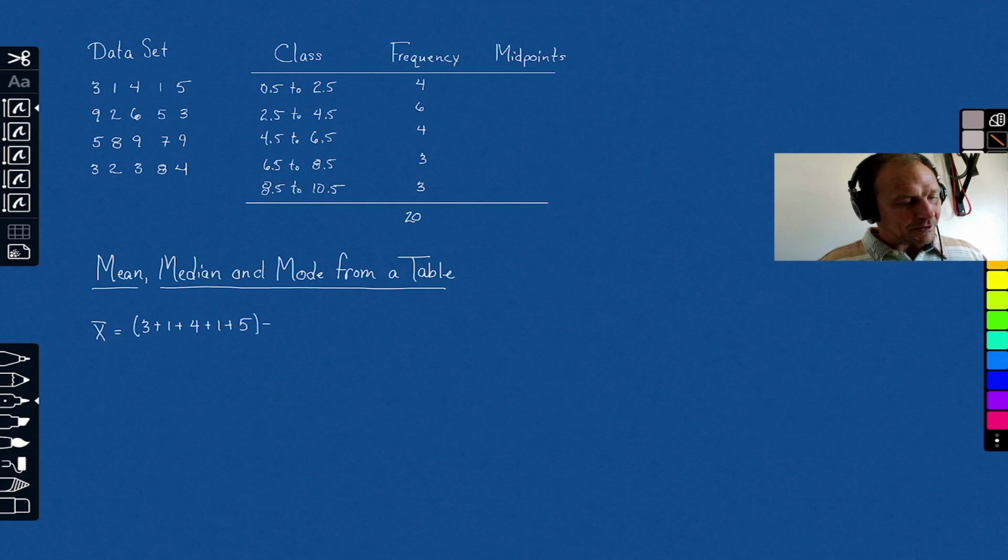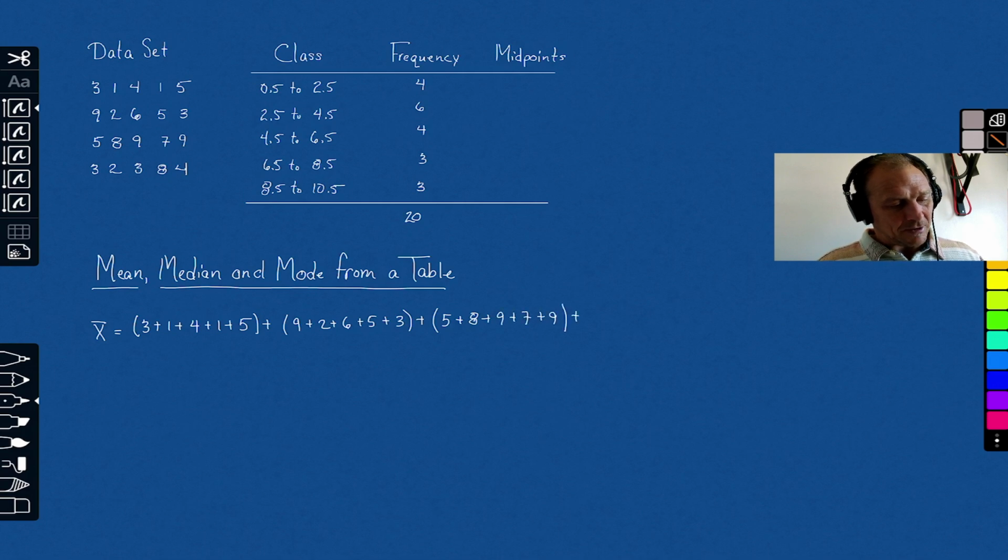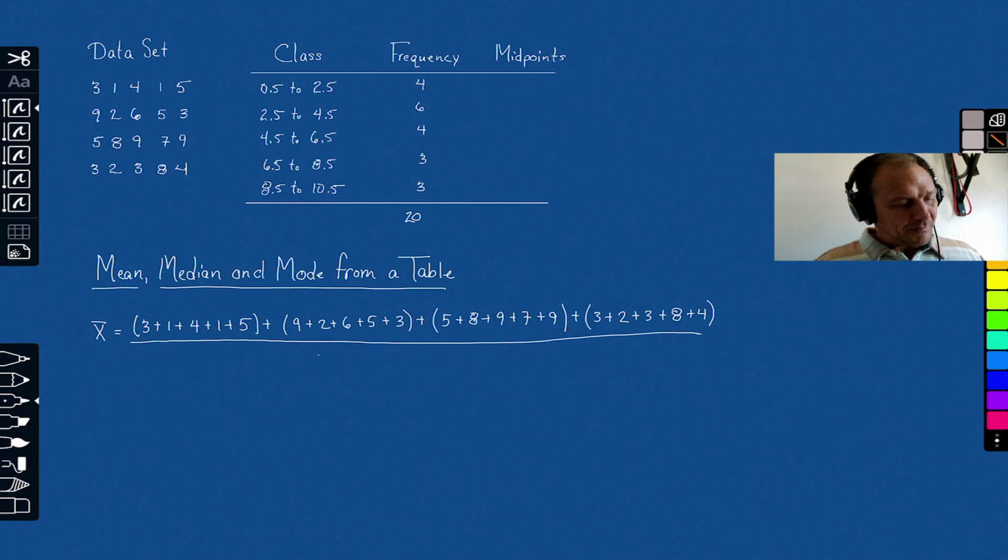That's the first row plus the second row, which is 9 plus 2 plus 6 plus 5 plus 3 plus our third row, which is 5 plus 8 plus 9 plus 7 plus 9 plus our final row, 3 plus 2 plus 3 plus 8 plus 4. And there's 20 of those. So we're going to take and divide all of that by 20.